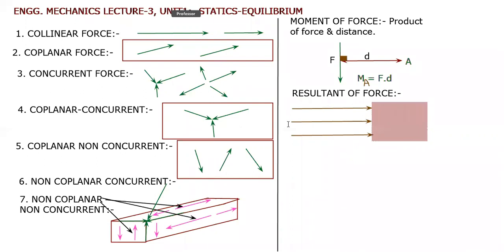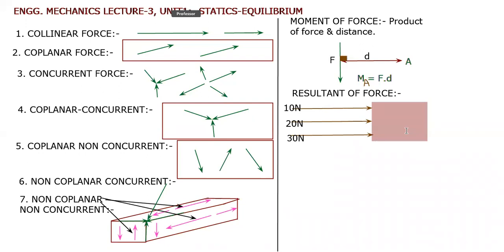Now, suppose that this is having the magnitude of 10 Newton, first force. Second force having magnitude of 20 Newton. And third force having magnitude of 30 Newton. So these are the three forces now acting on this object.